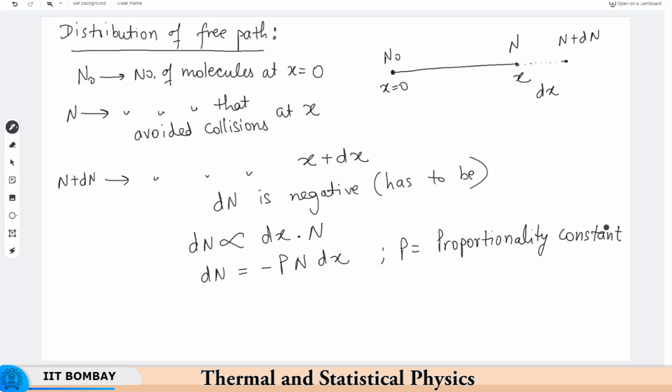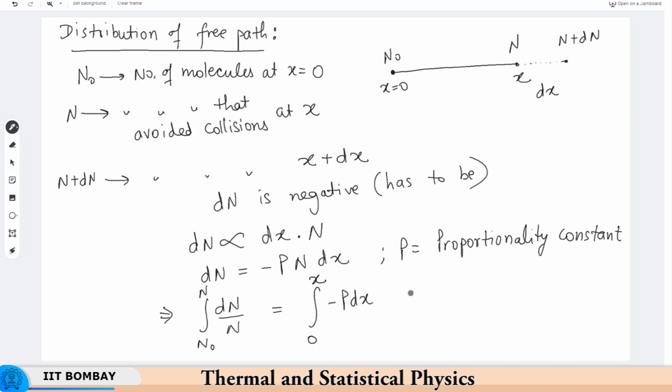Okay. So, now we can integrate this out. We can take n to the other side and integrate from n0 to n. We started with n0, we have n molecules, and so this becomes minus p dx, and this integration goes from 0 to x.